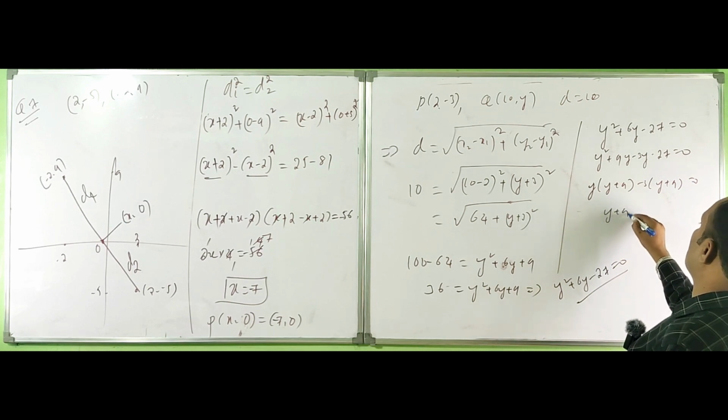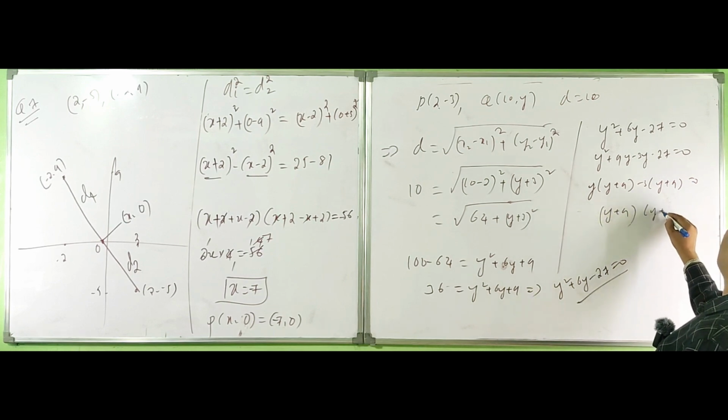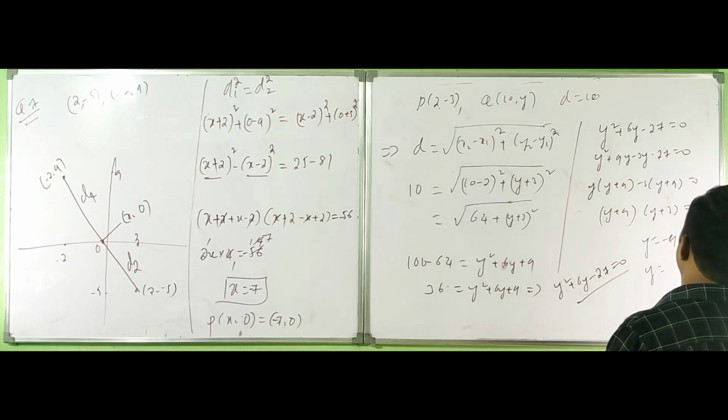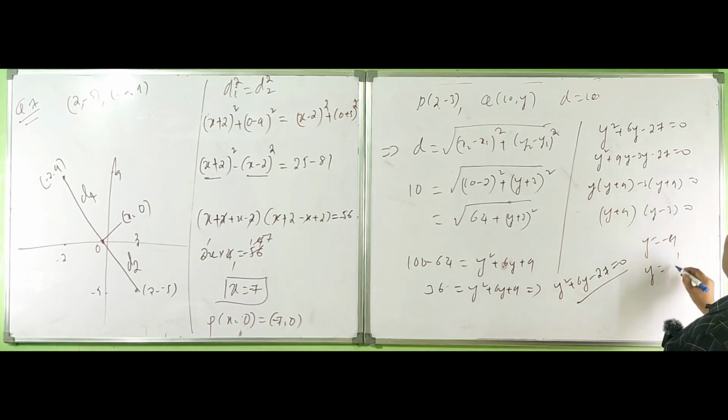Therefore y plus 9 or y minus 3 is equal to 0. So the value of y is minus 9 or 3.